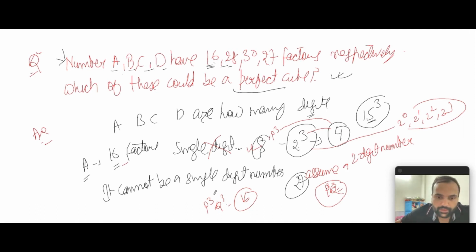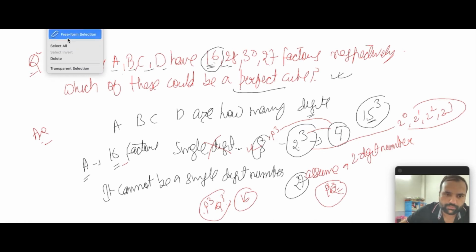For any 2-digit number to be a perfect cube, it must carry a power of 3 on its bases. So P cube, Q cube, and also the number of factors has to be 16. Let's look again.